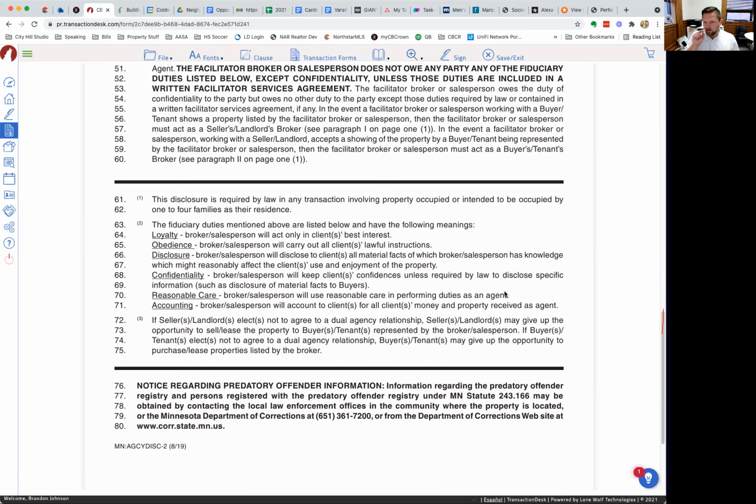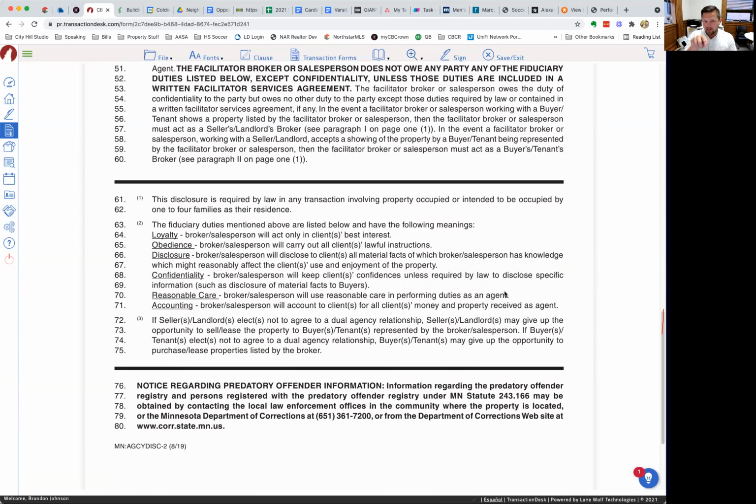Depends. So in your situation, Danny, if you're facilitating for the seller, the facilitator service agreement is going to specifically outline how many services you are providing for the seller. But the only fiduciary obligation you owe is confidentiality. So if one of them is, you're going to put it in MLS, that's where you would come back and say, okay, I'm going to put it in MLS, but now you get a showing.